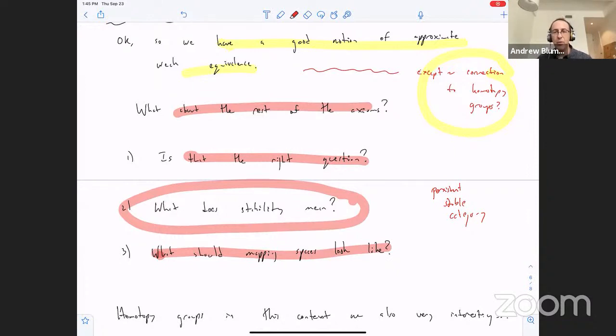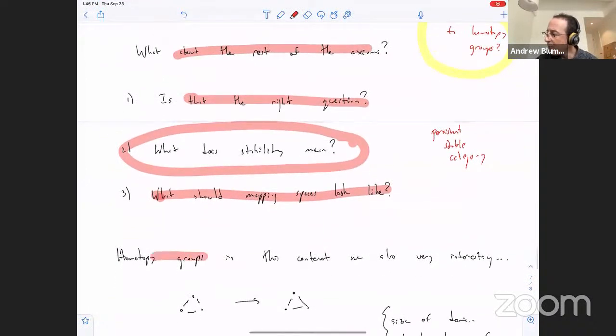If you know what a topologized set of maps between objects is, then you know how to talk about homotopies. Because a homotopy is just a path in the mapping space, right? So if you have that, what does that mean here?